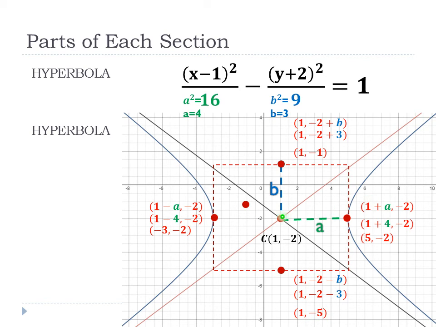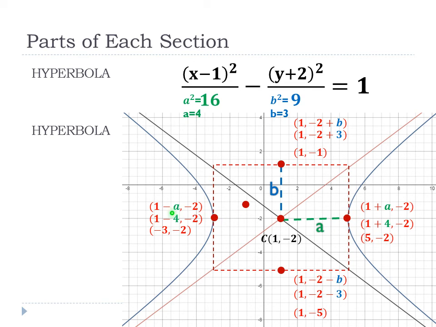Now for the vertex, I will be at a distance of a. How do I know that this is a? Since it is a horizontal hyperbola, I know that this is the major axis and that a runs along the major axis. So what I won't change is the y, so I'm at minus 2, but 1 plus a, because I'm going to the right, so 1 plus 4 equals 5, so this point will be at 5 comma minus 2.